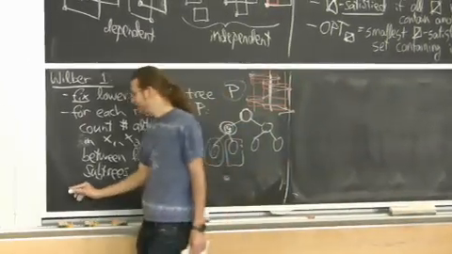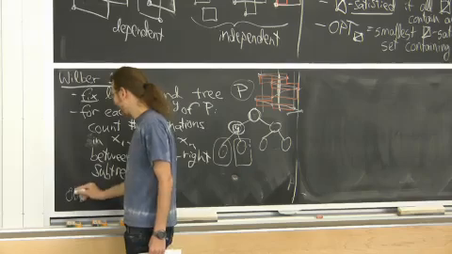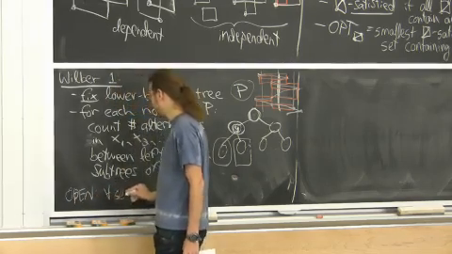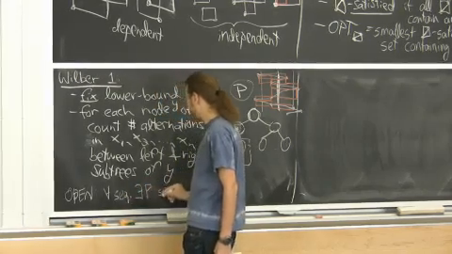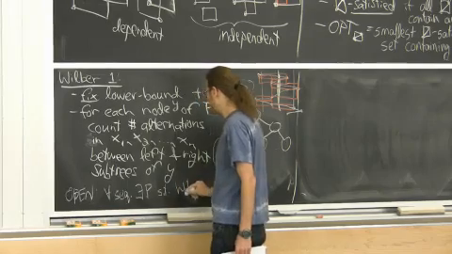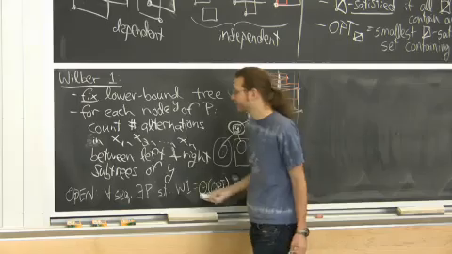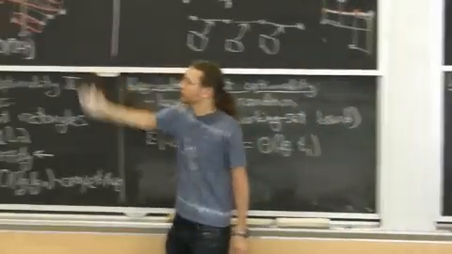I guess you could ask the following open question. Is it true that for every access sequence, there exists a tree P such that Wilber 1 is theta opt? Or is it theta Wilber 2 or something? Wilber 2 is a single quantity. You compute it, it gives you a bound.